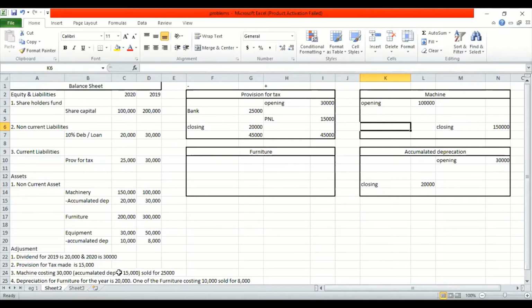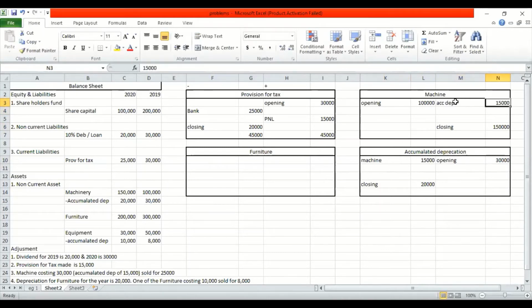That means this accumulated depreciation of 15,000 has to be cancelled. As you know, depreciation carries a credit balance, right? So when you cancel, you got to debit it. So over here, I will write machinery account and I will write the figure 15,000. Immediately in machinery, I will write accumulated depreciation 15,000.